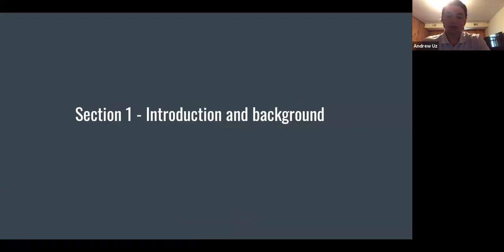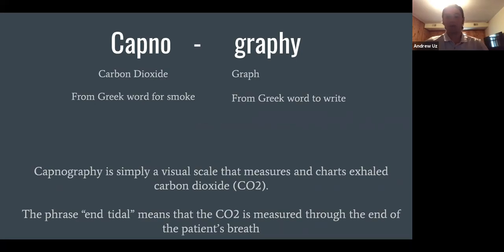So just to get into some background here, obviously we got to know what the word means if we're going to be doing this procedure. It's pretty simple broken down. It's capnography. Capno comes from the Greek word for smoke. It means carbon dioxide, and graphy is just a graph or a written version of something.